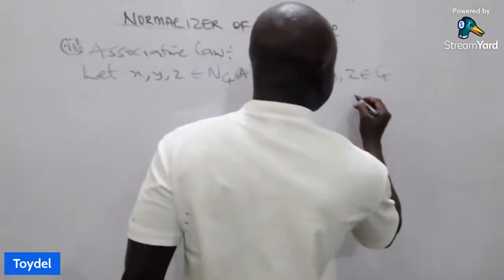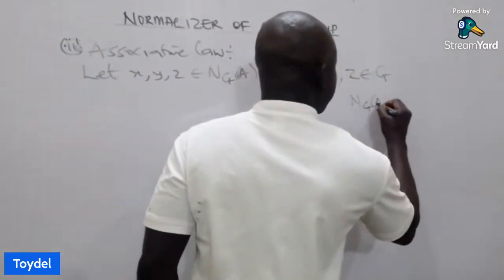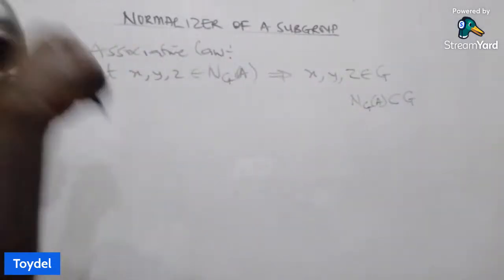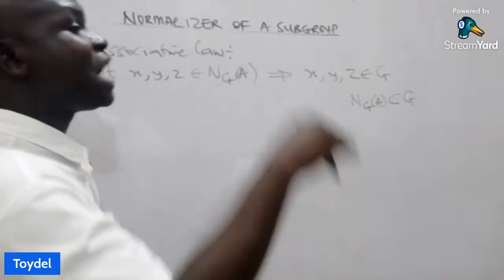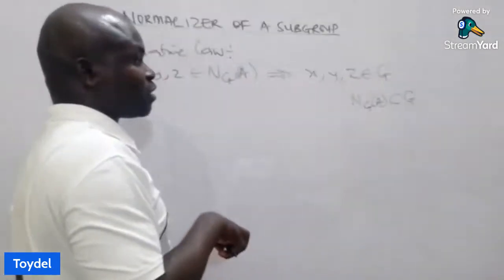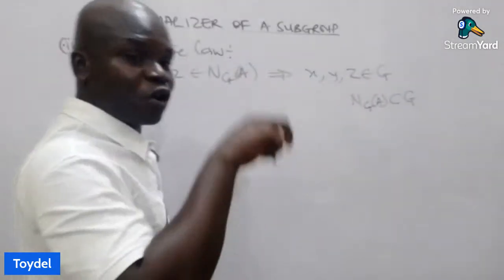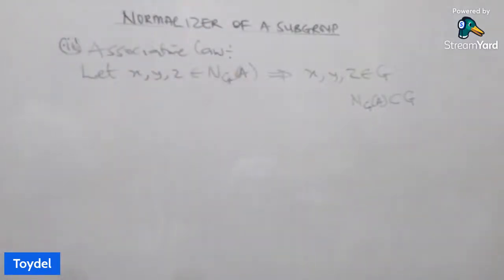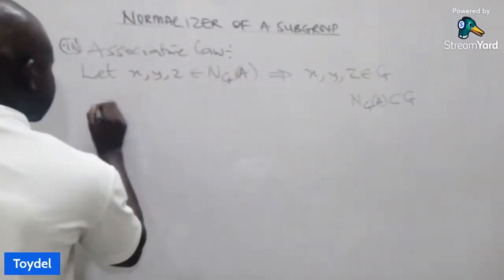Why? Because NG of A is a subset of a group. Every subgroup is a subset of a group. So every element that you have in a subgroup automatically belongs to that group. Okay, that holds.